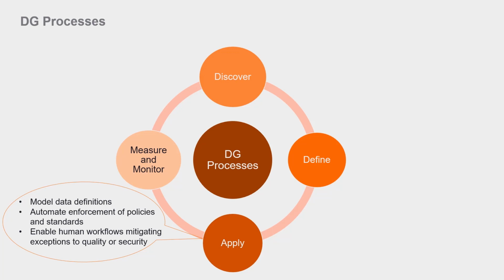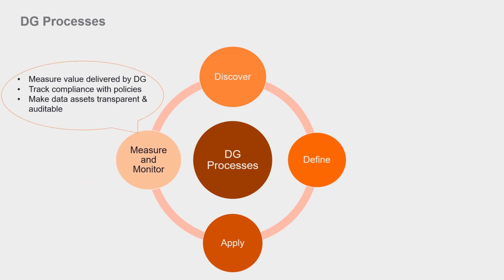You would ask IT to automate the enforcement of those policies using technology we'll review in a second. And you would also enable human workflows that mitigate exceptions to quality. And the fourth phase, once you are live, you would measure value delivered by data governance, track compliance, and make your data assets transparent and auditable.